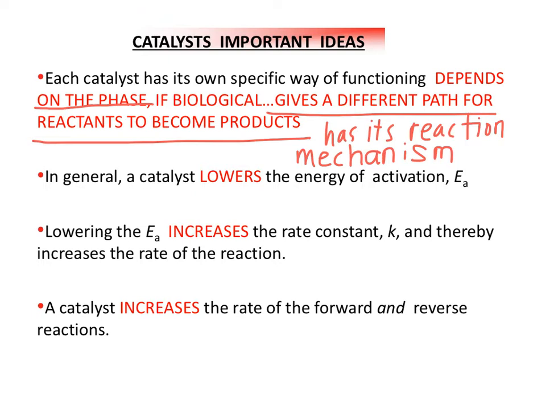Okay, so how does a catalyst function? It lowers the energy of activation, so it lowers that activation energy we have. And if you're working at a certain temperature, what'll happen then is that you're more likely upon a collision to have a collision that has the energy needed to get over the activation barrier, as opposed to a reaction without a catalyst, which would have a higher requirement for the activation energy.